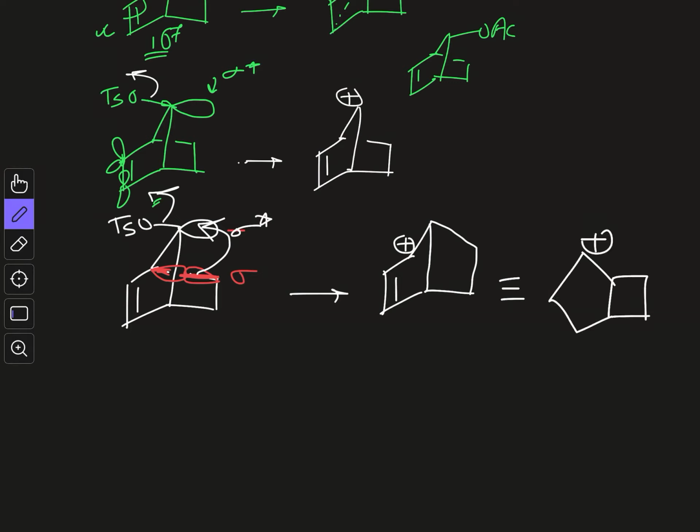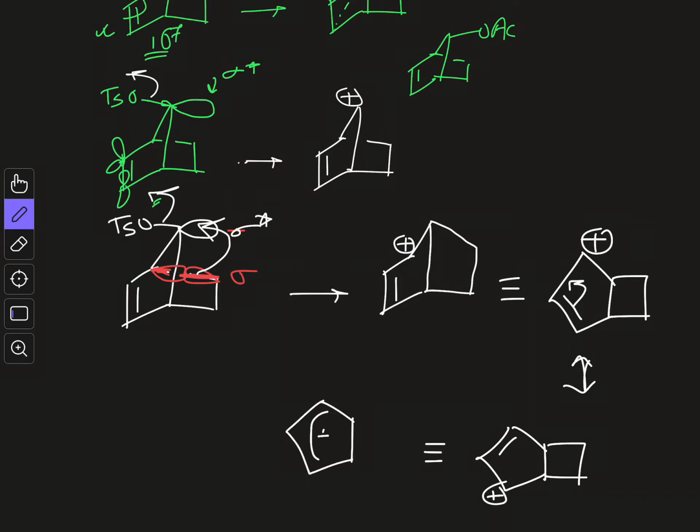Here you have positive charge, here you have a double bond. Now why does this form? Because you can see this is a delocalized allyl carbocation. So this is an allyl carbocation which is delocalized, and you can have a resonance hybrid like this, and you know that allyl cations are very stable, so that's why this allyl cation forms.